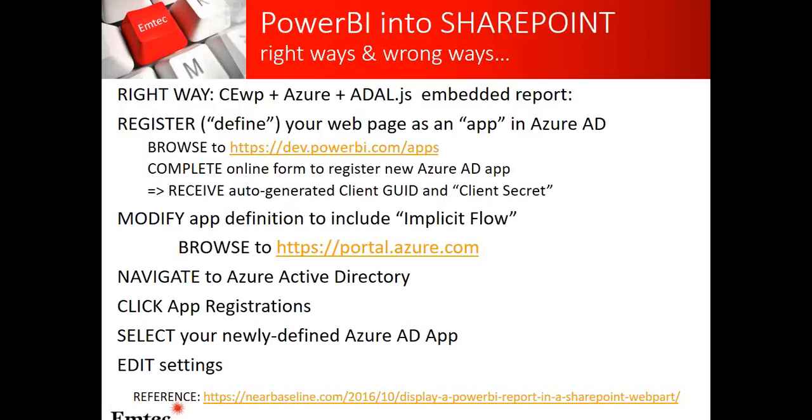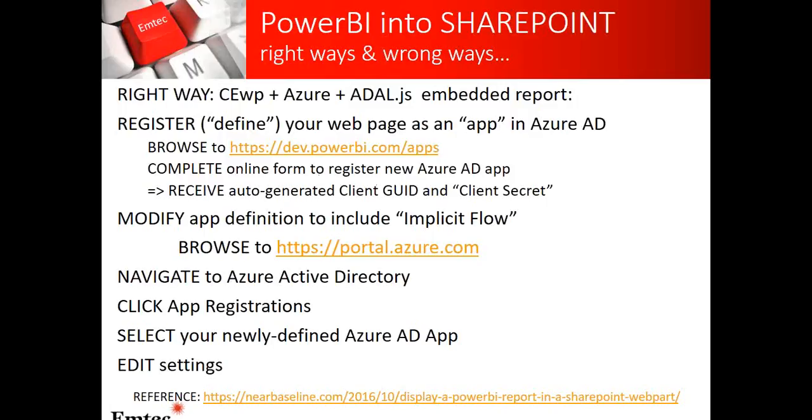If I were to condense it, what happens is this: you need to define your website, your entire intranet, as an application in Azure Active Directory. That means you're simply going to browse into dev.powerbi.com/apps. You're going to complete an online form to register a new AD app. So you're defining it, you're not developing it. You're just defining it and making it a known quantity to Active Directory, to your Azure Active Directory.